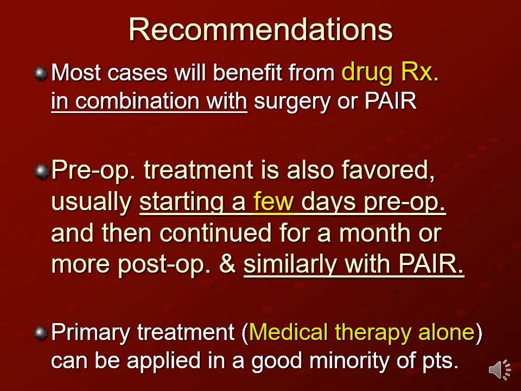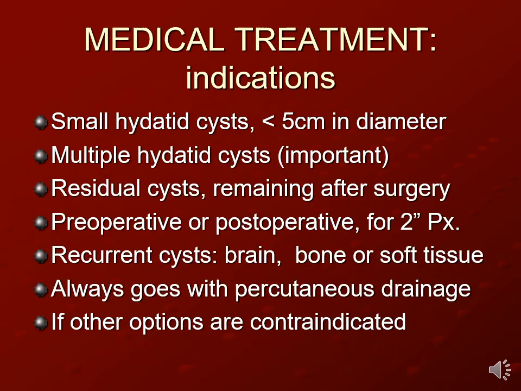Primary treatment, like medical therapy alone, has its indications, like in the case of small hydatid cysts, less than 5 centimeters. Those are too small to operate on, and they can be killed, and the body can take care of them with medical therapy. Multiple hydatid cysts, of course. Residual cysts after surgery.